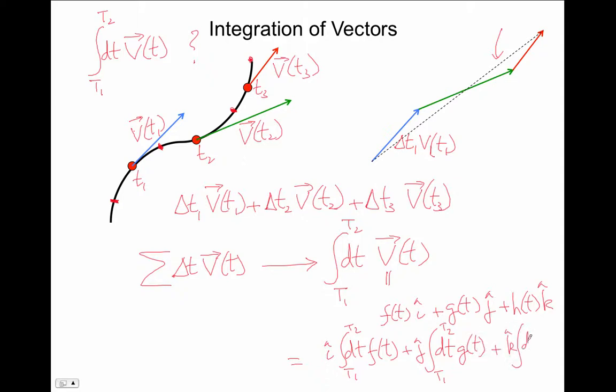So we can just integrate the components if we like, and that has the same meaning. Of course, you may not want to break this up into components. There might be some easier way of doing things, but you can always take a vector, break it up into components, and then the integral becomes the integral of the components.